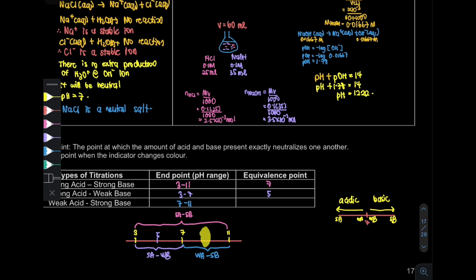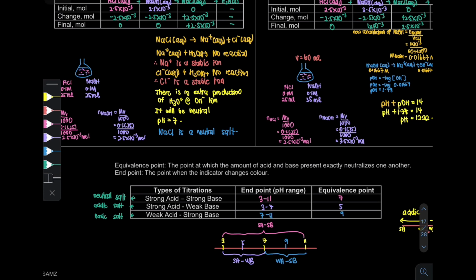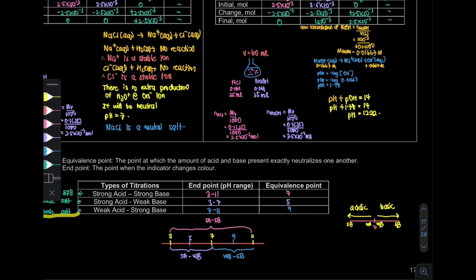Between 7 and 11, the value would be 9. So the equivalent point is 9. Because it is a basic salt, the pH would be higher than 7. Okay. So actually, the most important thing is that we look at the equivalence point for our titration curve.